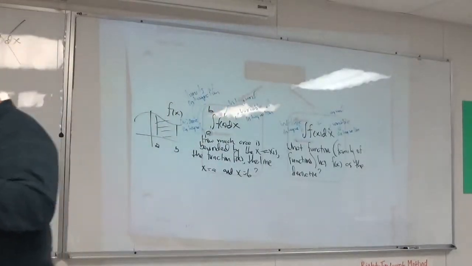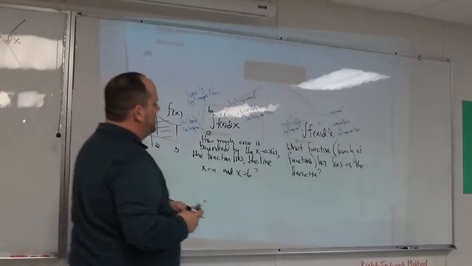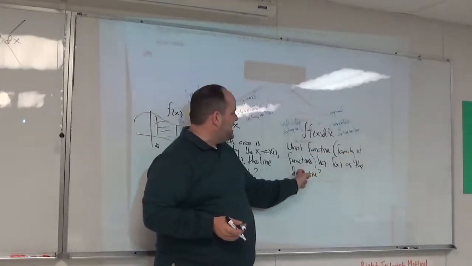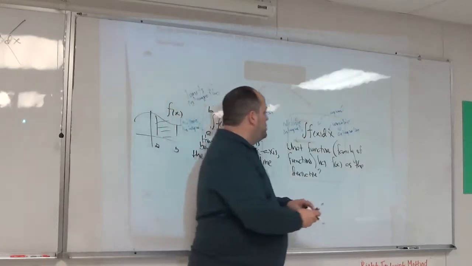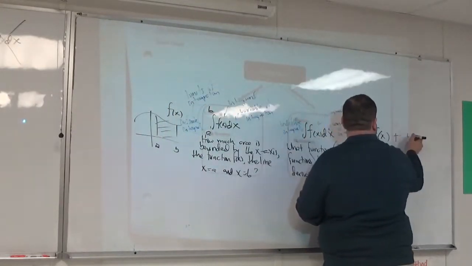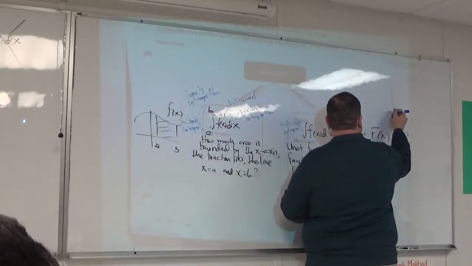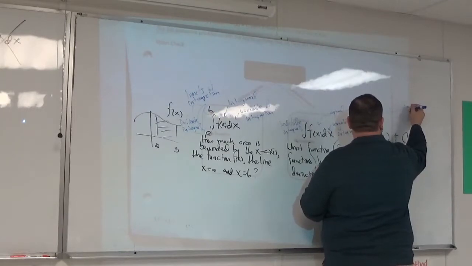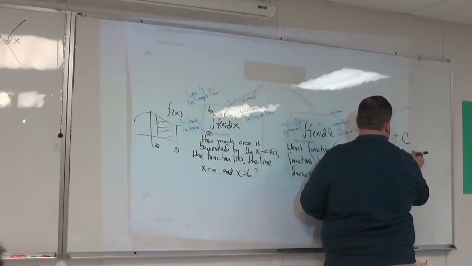When you're looking to evaluate an indefinite integral, it answers the question, what function or what family of functions has little f as its derivative? Your answer is going to look like big F plus c. Big F is the antiderivative. I need to get rid of the blue marker. And c is your constant of integration.